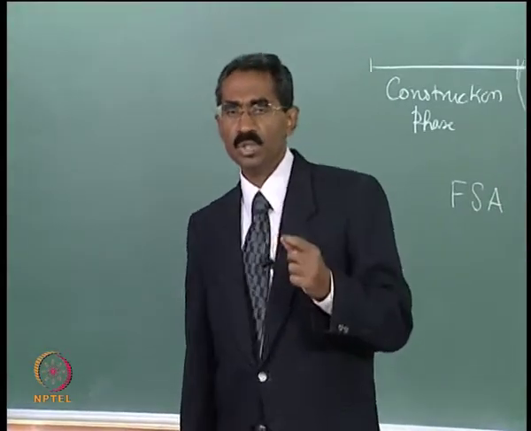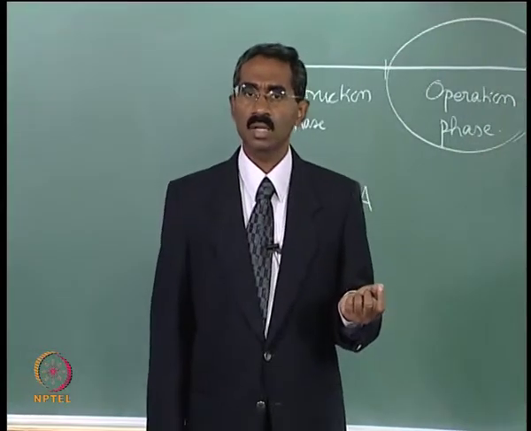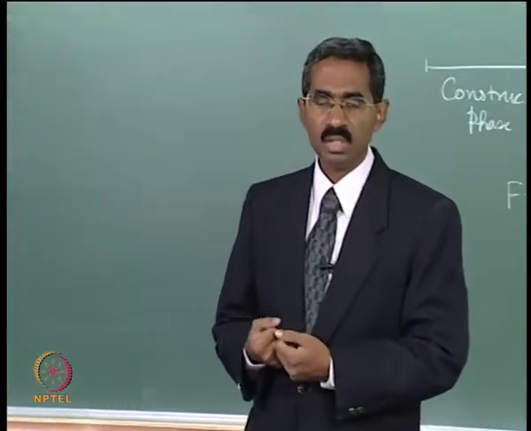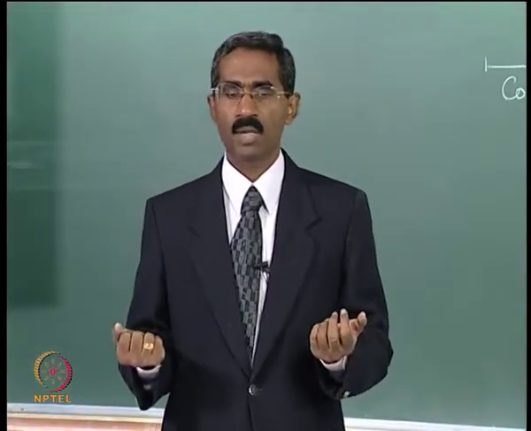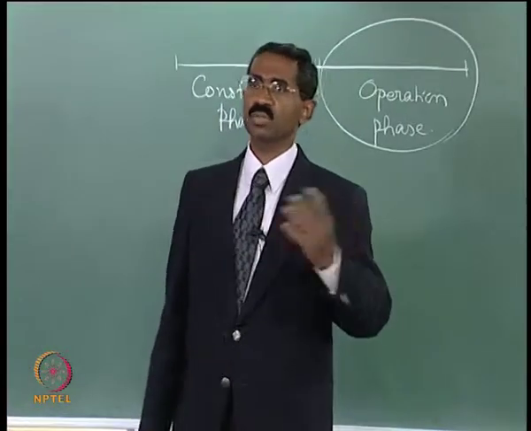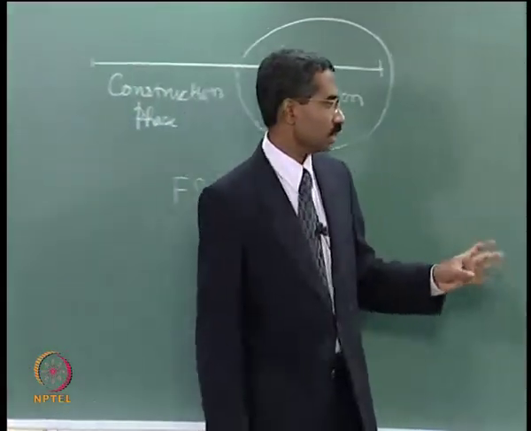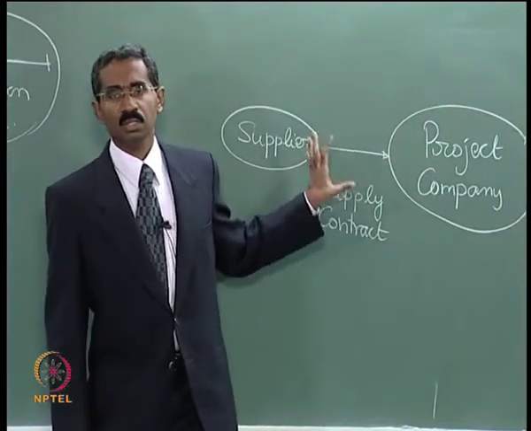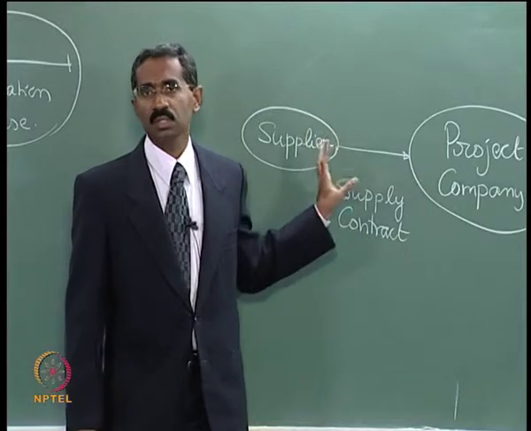If it does not need it, then it should still take the supplies and sell them in the open market. So essentially it is take or pay: either you take it and pay for it, or even if you do not take it, you will have to pay for it. So there is a guaranteed offtake of supply from the supplier.